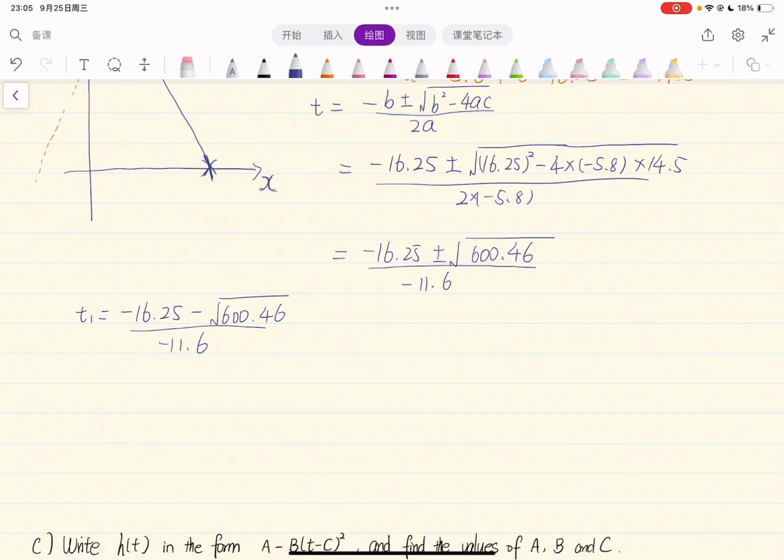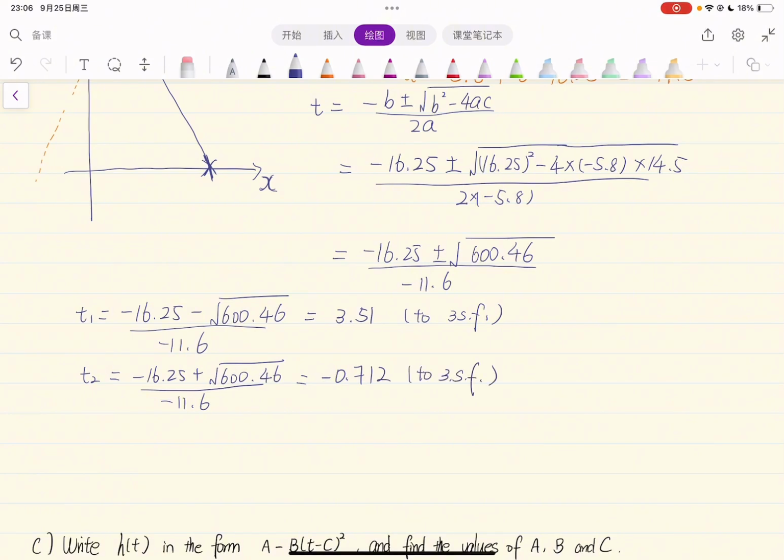On the calculator, that is minus 0.712, to 3 significant figures.